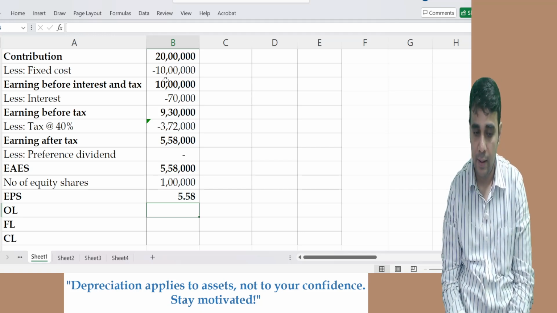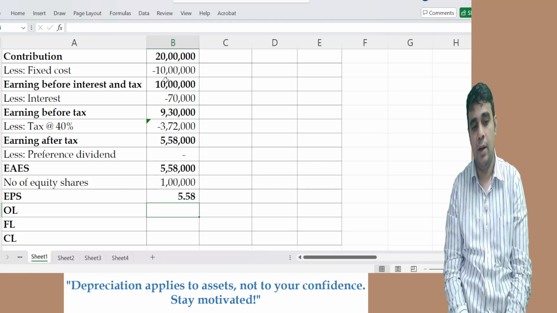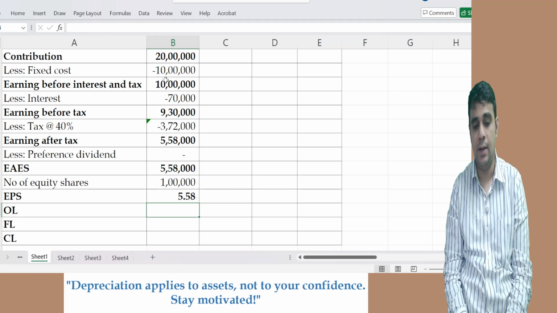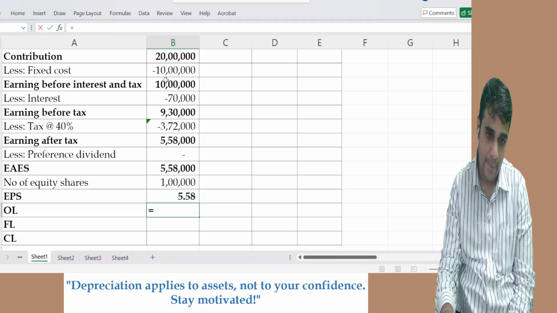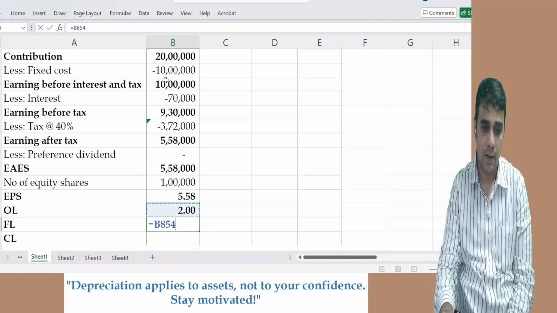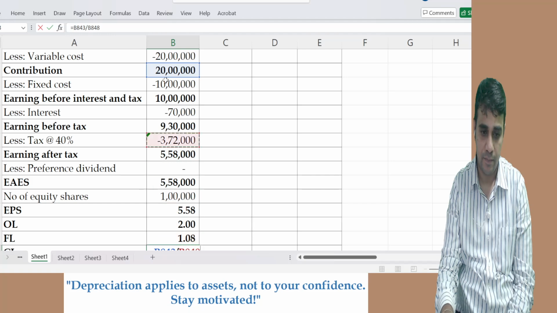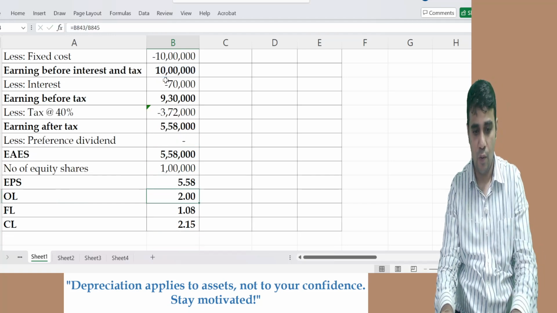Contribution by EBIT, EBIT by EBT, and multiplication of the two gives the OL, FL, and CL. Contribution divided by EBIT. EBIT divided by EBT. Four decimals.